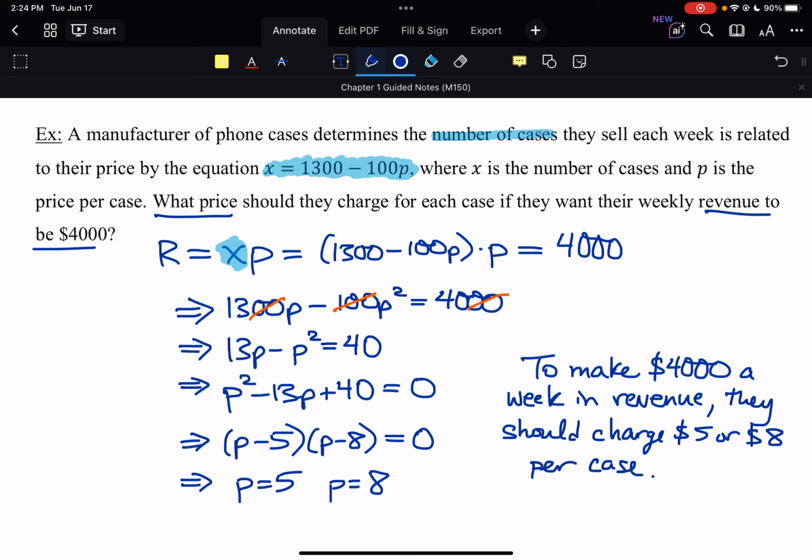So those numbers would give us a revenue of $4,000 based off of the information that we have and the formulas that we have. So as you can see here, again, we're just applying the same function ideas, the same algebra techniques that you would have seen in the past, just now putting it in a little bit of a context. Okay, we're adding dollar signs to numbers now, right? So we're just adding new stuff on top of the old stuff that we're familiar with.